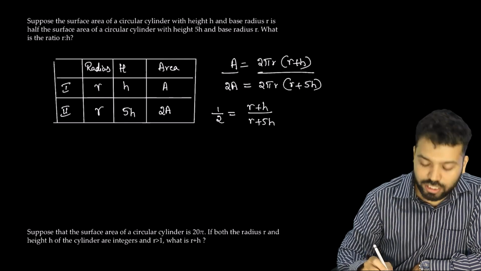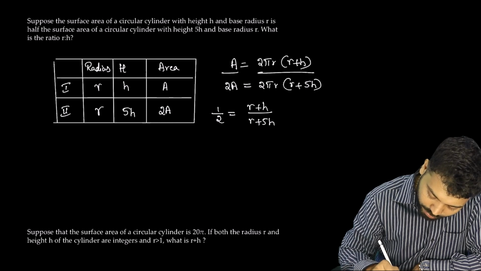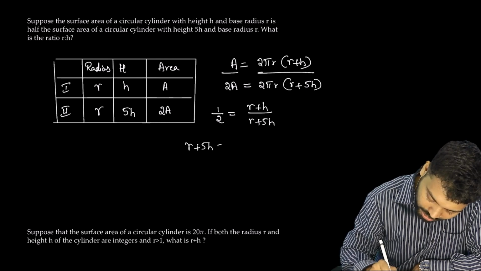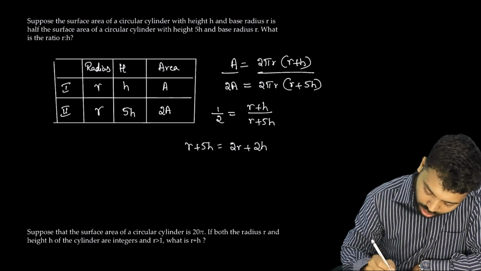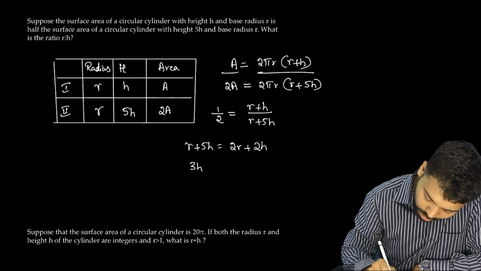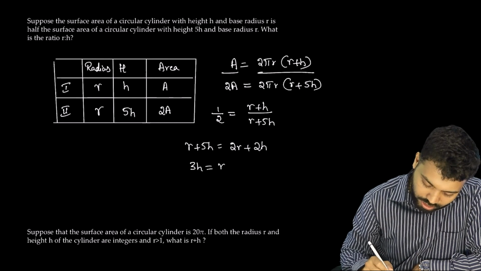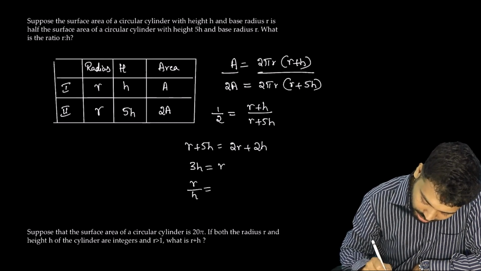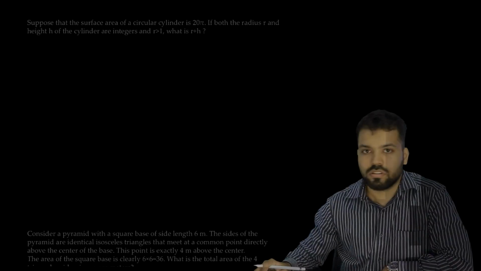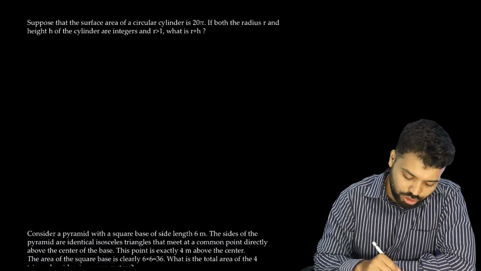If you simplify this by cross multiplying, you get r plus 5h equal to 2r plus 2h, or we get 3h is equal to r. They have asked what is the ratio of r to h, so we get r by h is equal to 3. So this is your next question.